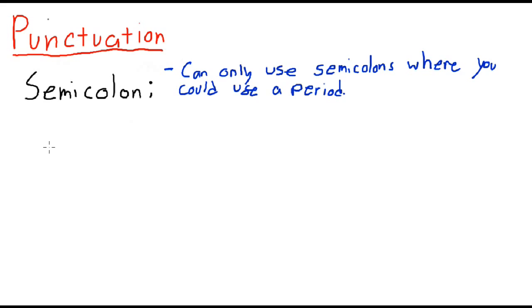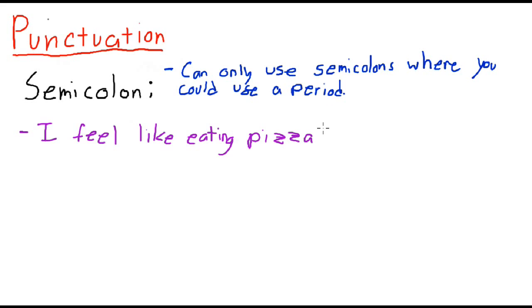Alright, so maybe I can say, now they will be long, so I'm sorry if it takes me a while to write these, but I feel like eating pizza. Okay, that's one idea. I feel like eating pizza. Now what I'm going to do is put a semicolon. I feel like eating pizza.